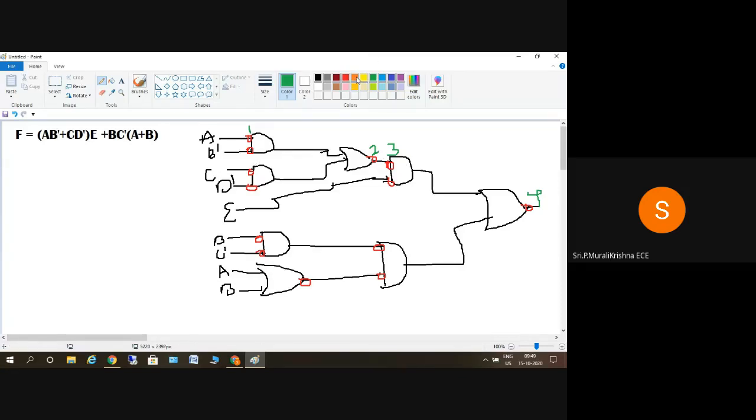This is fine. And here it is 1, and this is 2, and this is 3. And here also it is 1. Here this is 1, and this is 2, and this is 3, and this is 4. This is also fine. This is also fine.